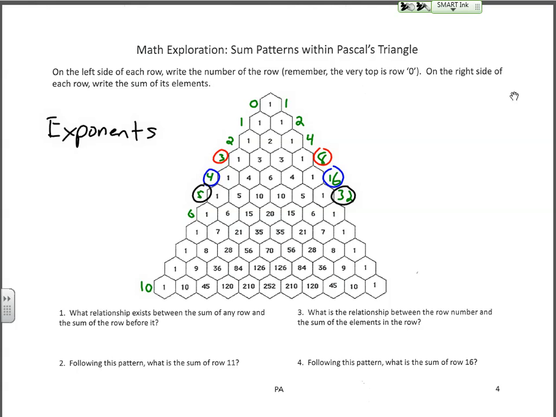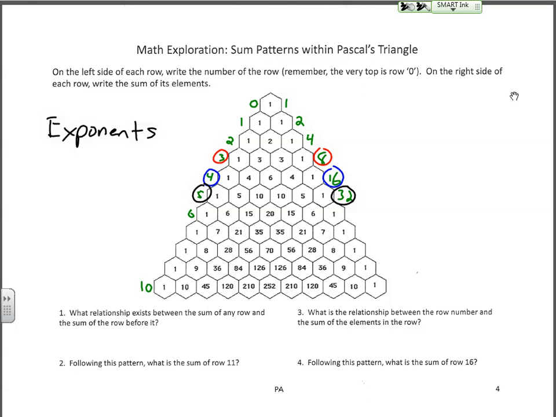Get it? It's a powerful hint, because the hint is exponents. Okay. Think exponents. Think powers. And then once you find that pattern, then number 4, following this pattern, what is the sum of row 16?